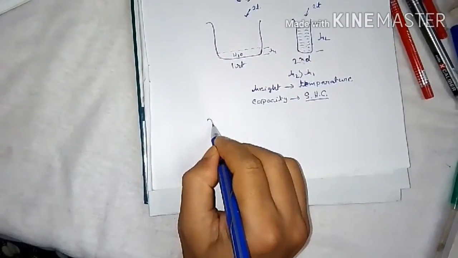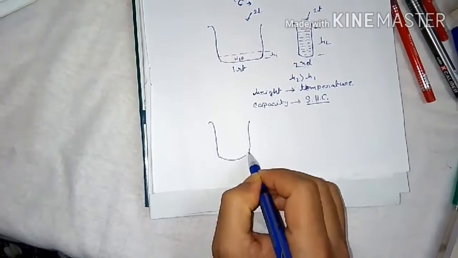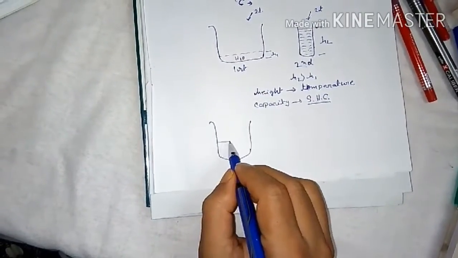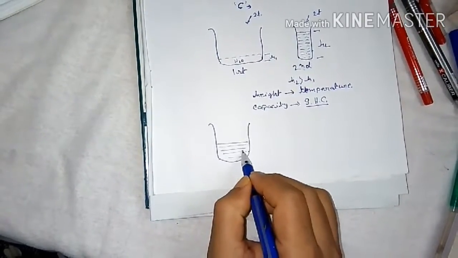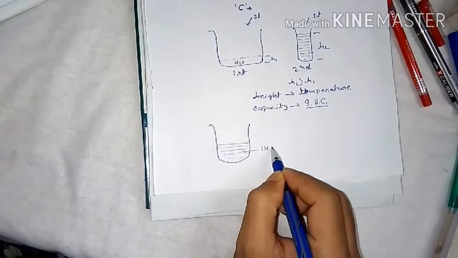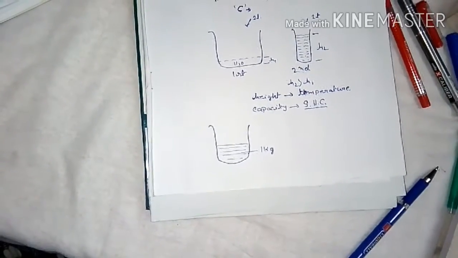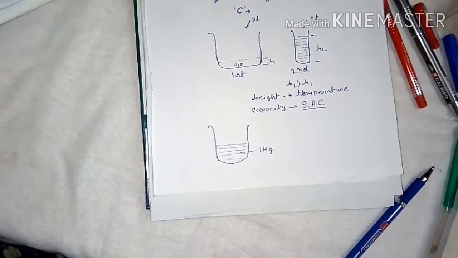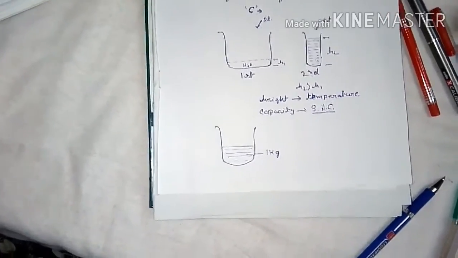A container consists of 1 kg of any substance, not only water. The term specific heat capacity is applicable to all substances.